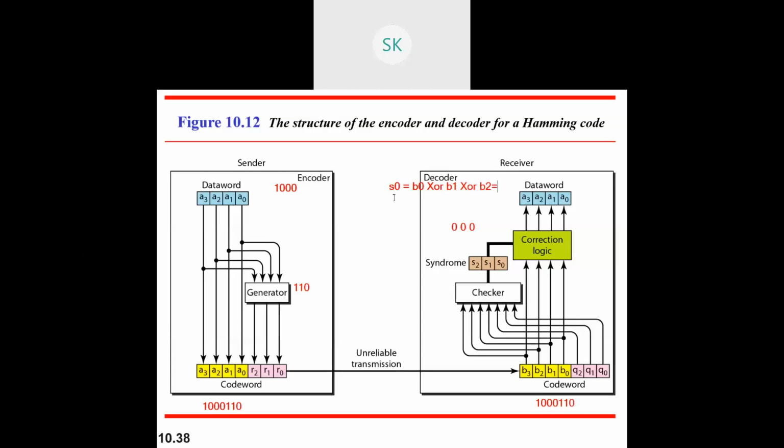Once you do it, the resultant will be your S0 value. Similarly, S1 is nothing but B1 XOR B2 XOR B3. The resultant value, 1, it will be.